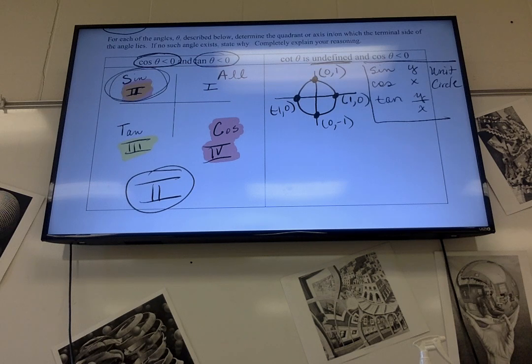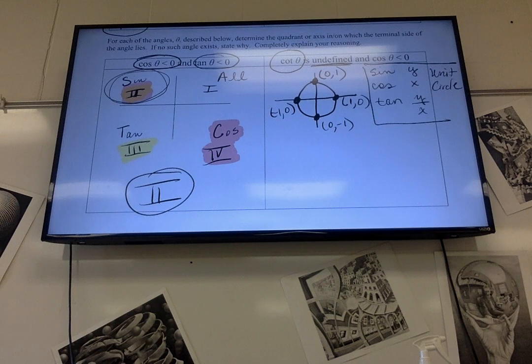So using this x and y stuff, if tangent is y over x, then what's cotangent? X over y, right? Because tangent and cotangent are reciprocals of each other. They're flipped. So it's x over y.